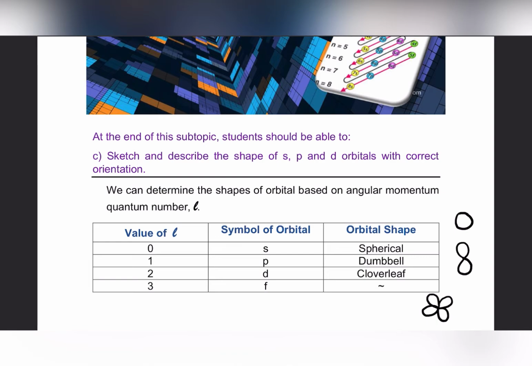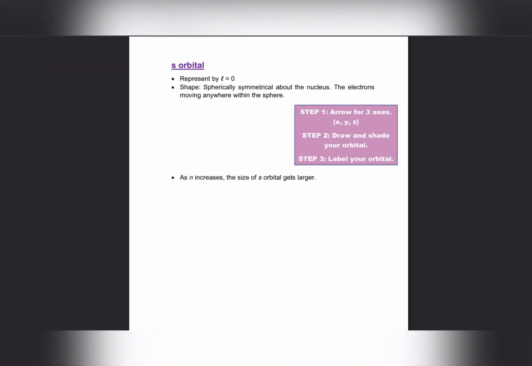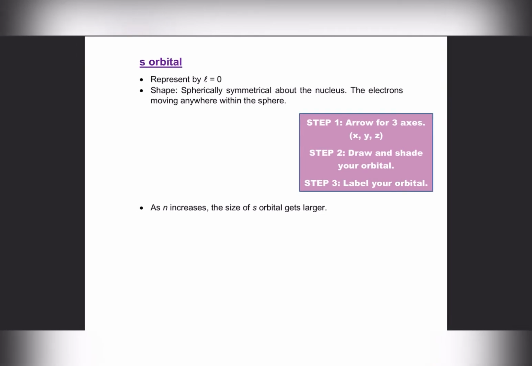So let's get on with the first orbital, s orbital. s orbital is represented by L value equals 0, where we know the shape is spherical about the nucleus, and the electrons are moving anywhere within the sphere. When you learn about the L value, you can determine the m value: when L equals 0, m equals 0.